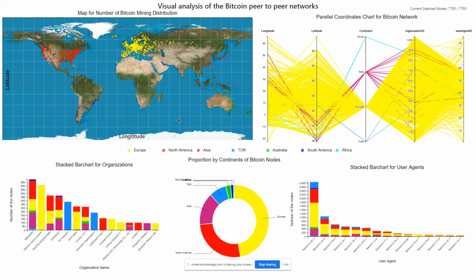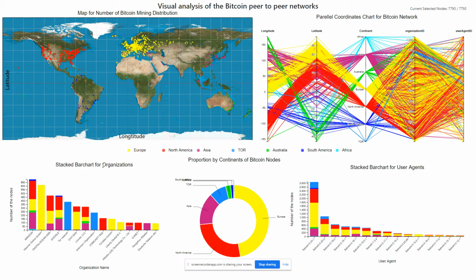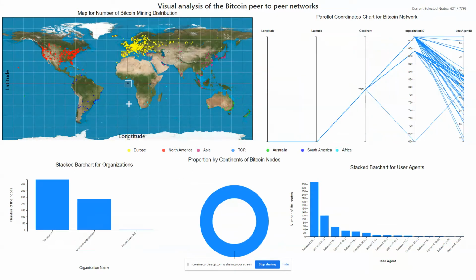One of the interesting features we would like to highlight is the Tor that we mentioned before. It is over here, where the longitude and latitude is 0, which doesn't make any sense, but because they are anonymous, we don't know their exact location anyway.